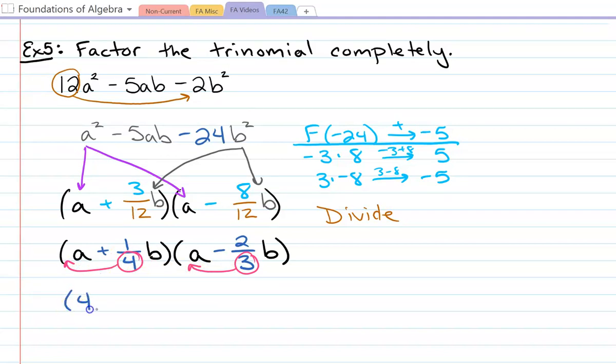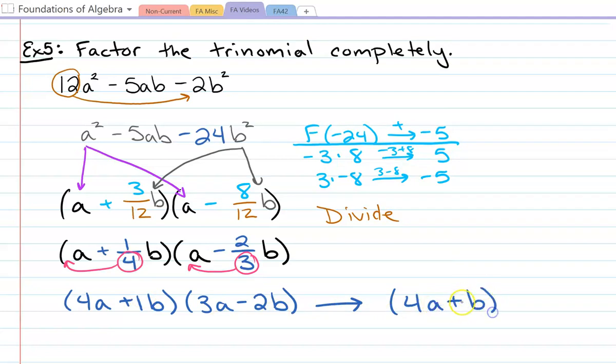So we would have 4a plus 1b and 3a minus 2b, except what do we have when we have a coefficient of 1? The 1 disappears. So for our final answer, we would have 4a plus b, the 1 being invisible, and 3a minus 2b.